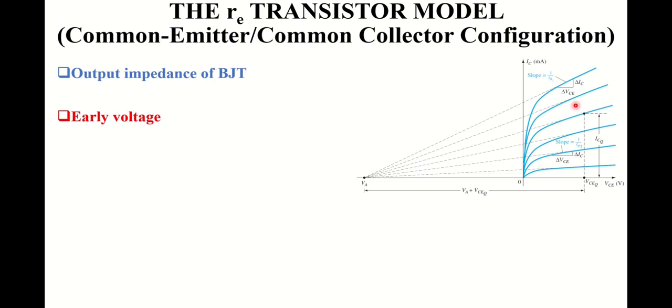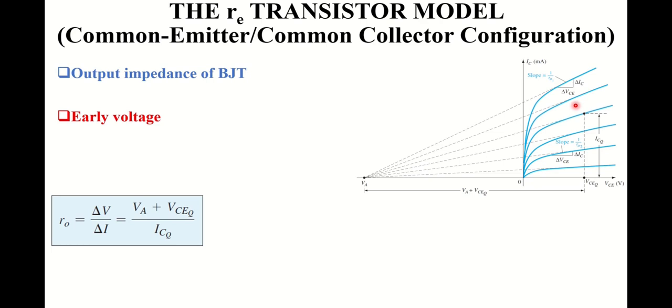After this whole discussion, the output impedance can be written as R0 is equal to del V over del I, which defines the slope of these curves. Usually, the value of early voltage VA is sufficiently larger than the applied voltage VCE.